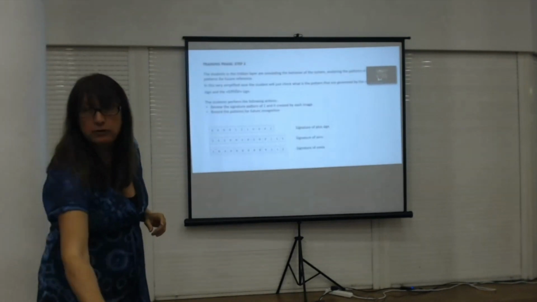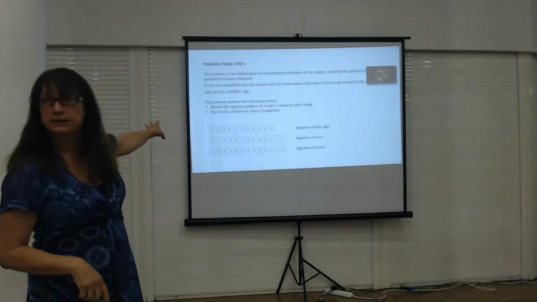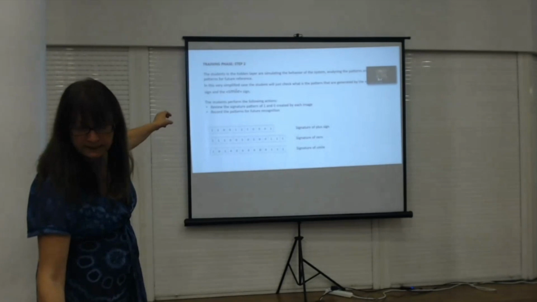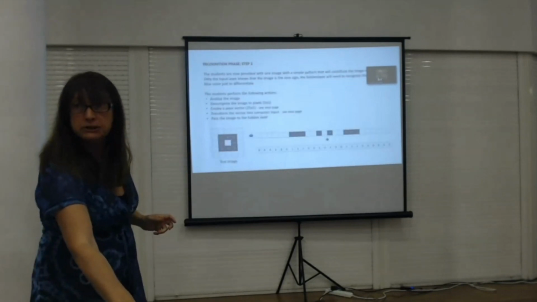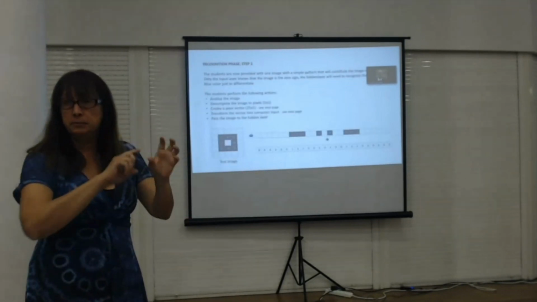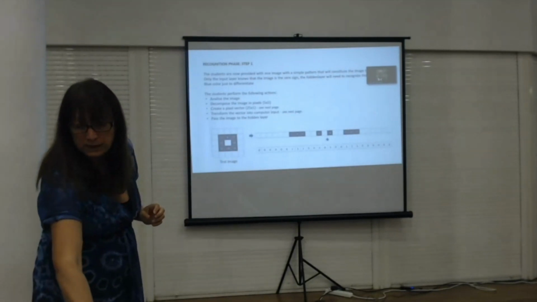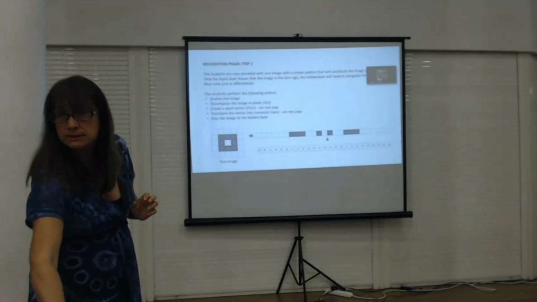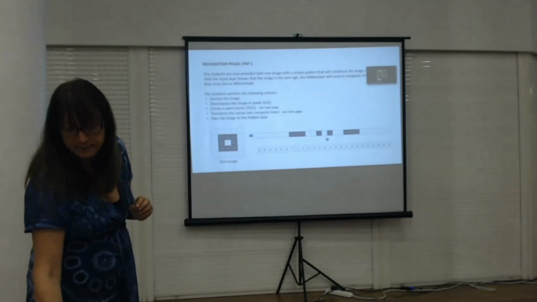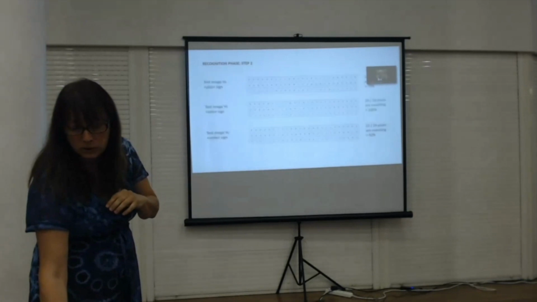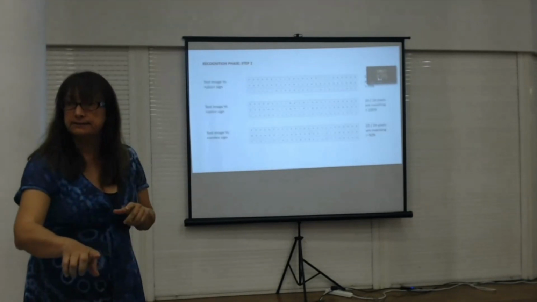That will collect and store only these strings. Then we give another image to the input. The input will do the same exercise, transforming the image into a string of numbers, and then the string will go to the hidden layer.